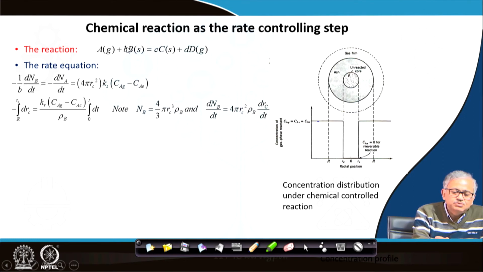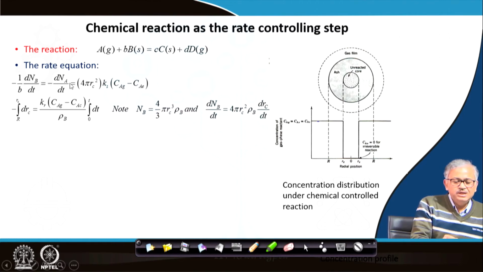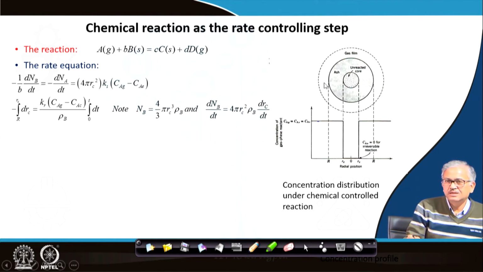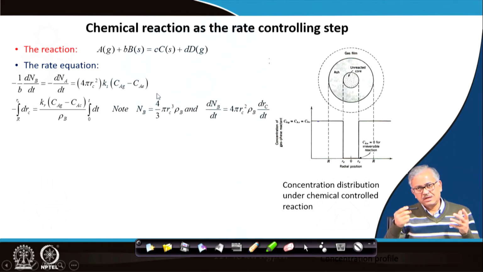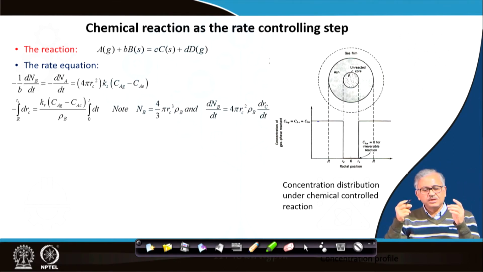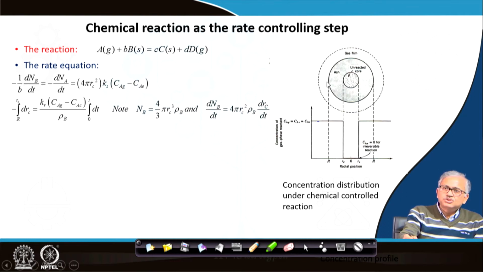Because of stoichiometry, minus 1 by b dNB dt is equal to minus dNA dt, because 1 mole of A is required to reduce b moles of B. So, you can write the kinetic equation like this, and this should be equal to dNA dt, the rate of consumption of A at the reaction interface, which will be defined by first order kinetics.